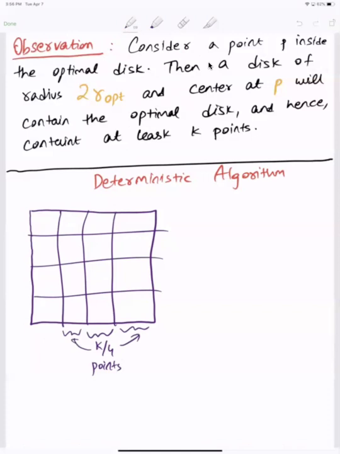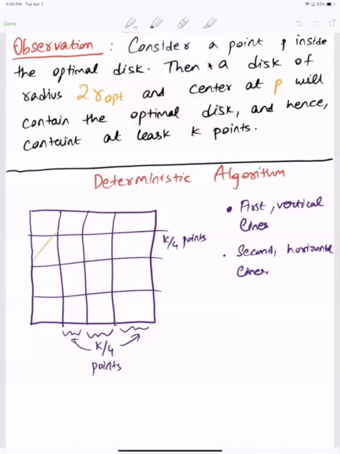Now, once you're done with the vertical lines, next you draw these horizontal lines. Again, the same thing, k over 4 points will lie inside each slab. So let me shade it. There will be k over 4 points here, and similarly, here there will be k over 4 points.